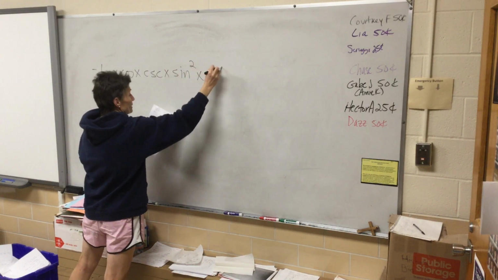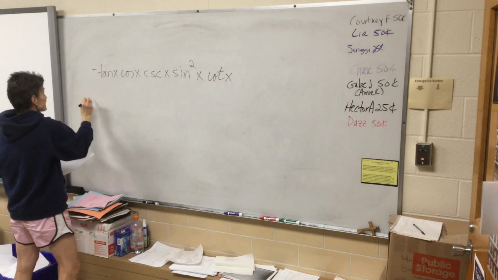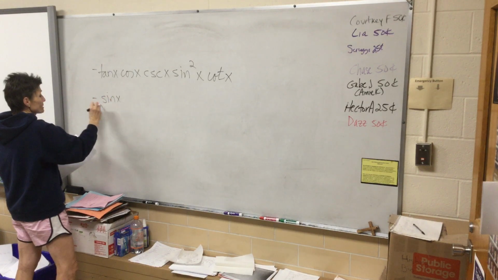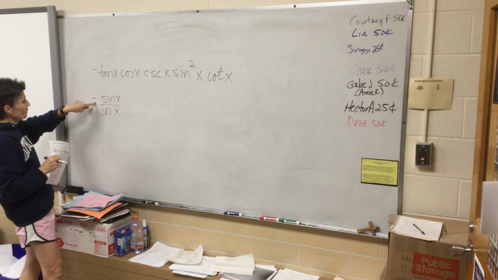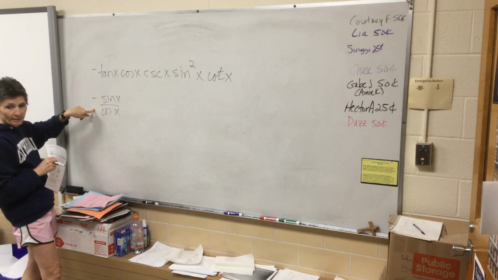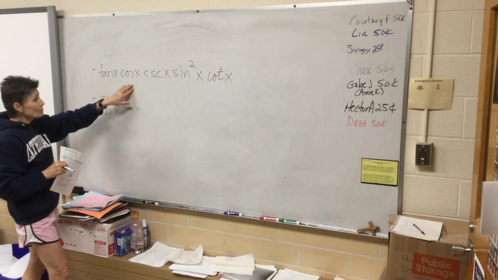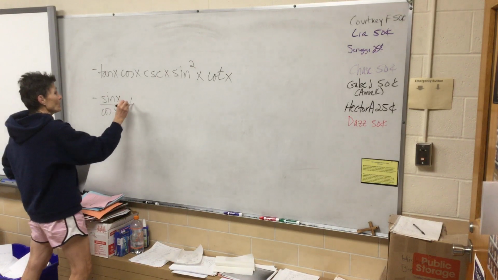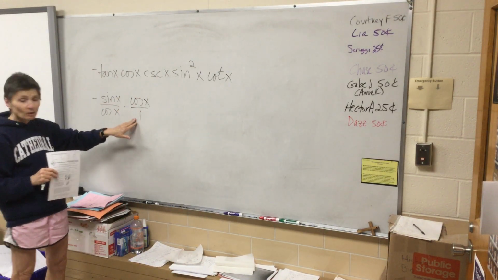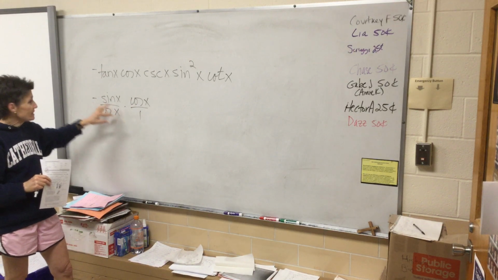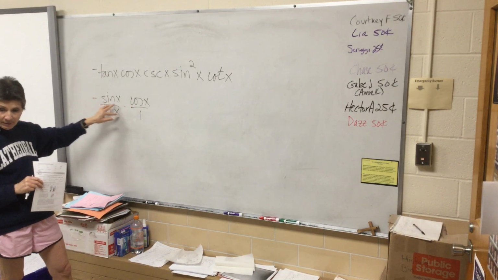Yes. So we're going to make this negative sine over cosine. There's only one negative, so I don't care if you put it on the sine or the cosine, but there's only one. Now, cosine is cosine. We don't change cosine, so we're just going to leave it as cosine. And I'm going to go ahead and put it over 1 since I've got fractions in my problem.